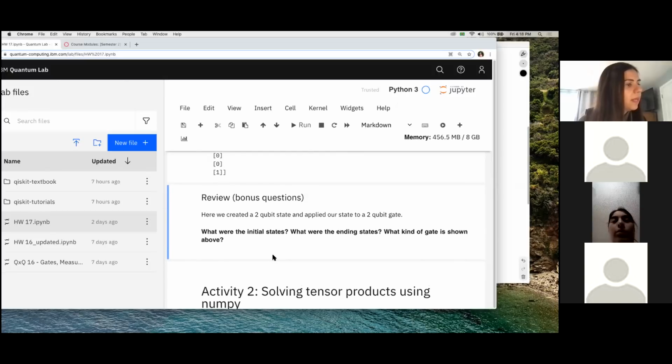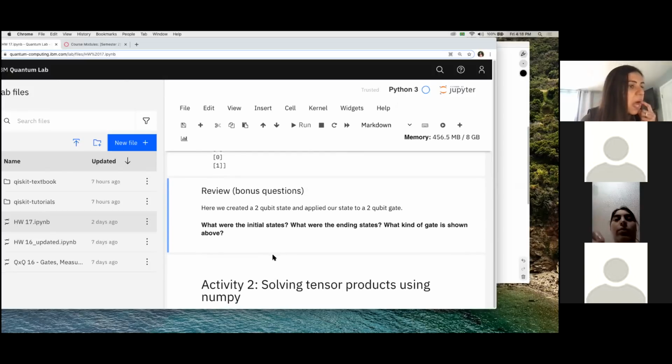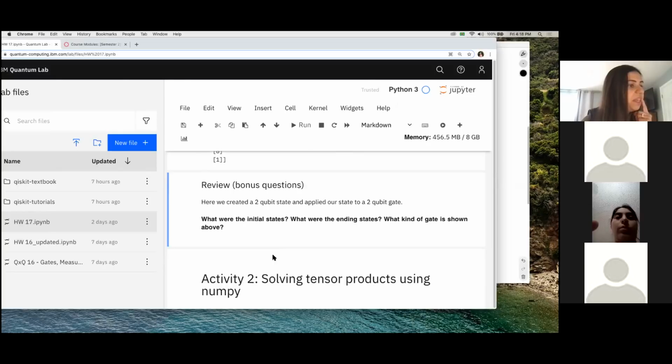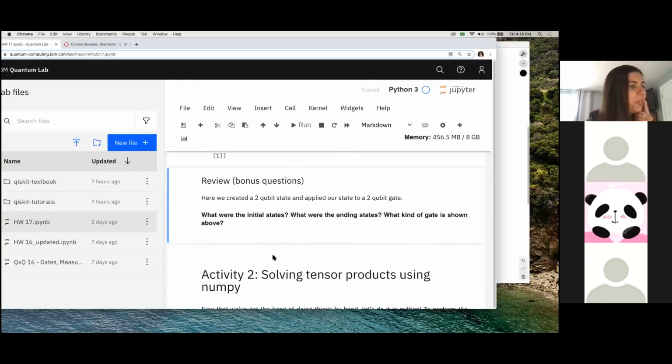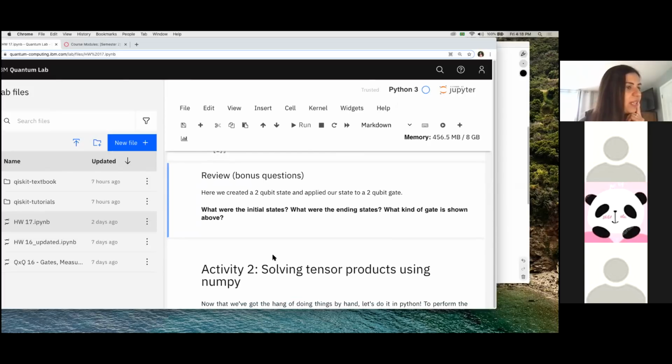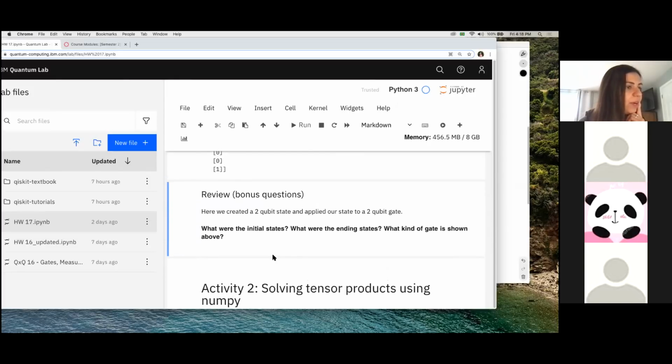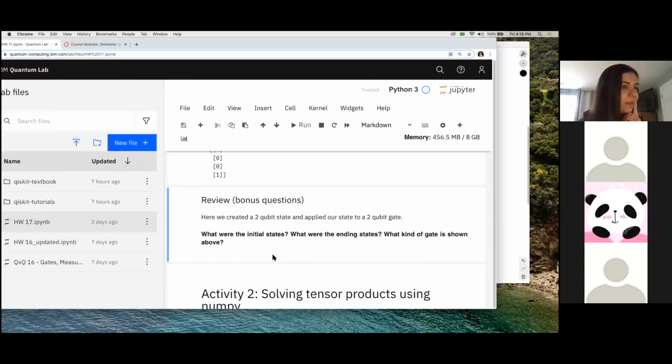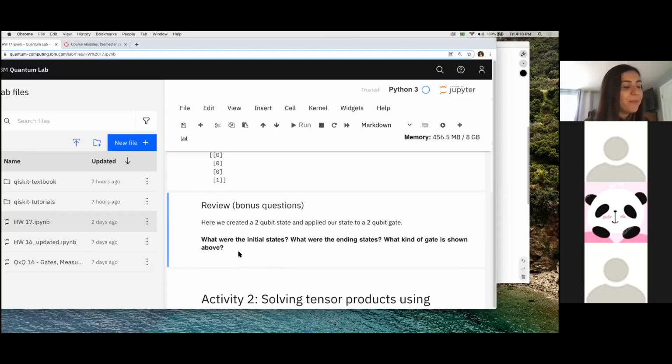Okay, so here we created a 2-qubit state and applied it to a 2-qubit gate. What were the initial states and what were the ending states? What kind of gate is shown above? I'm going to answer this question backwards.